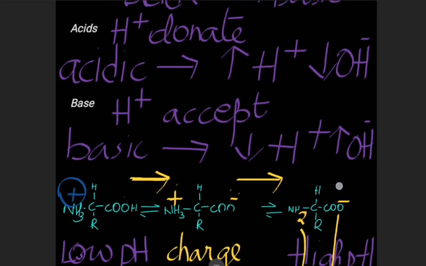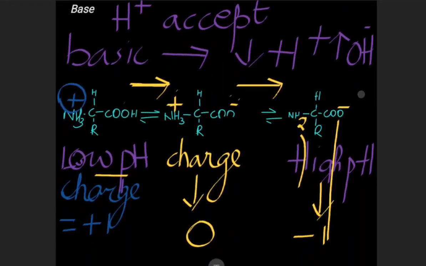I also showed you that at low pH, the hydrogen ions are more in number, therefore the NH2 will gain a hydrogen, leading to +1.